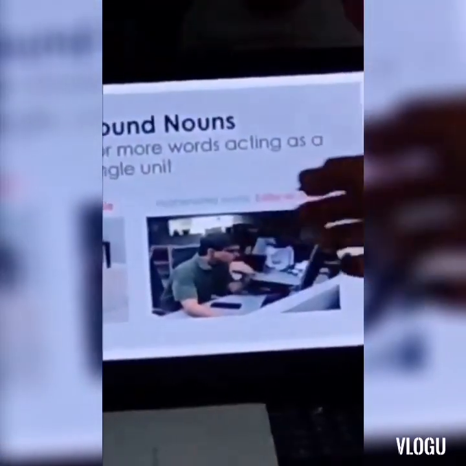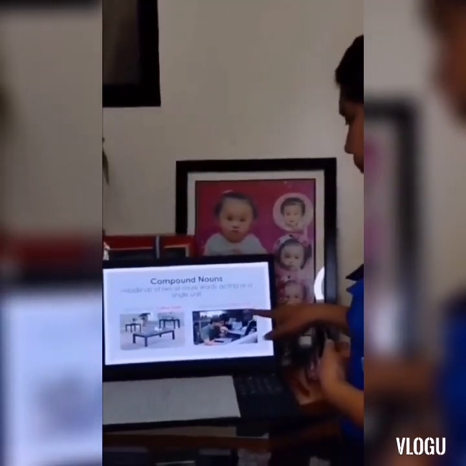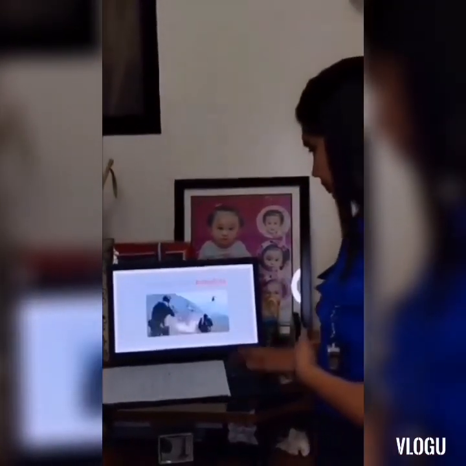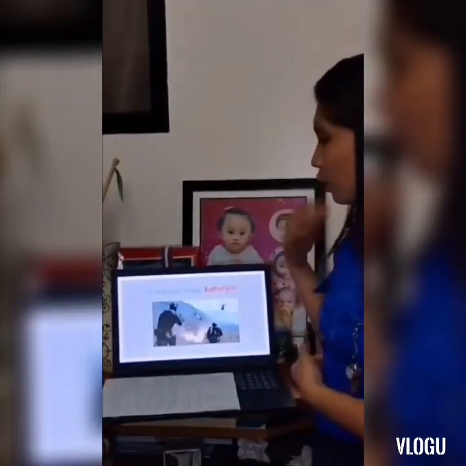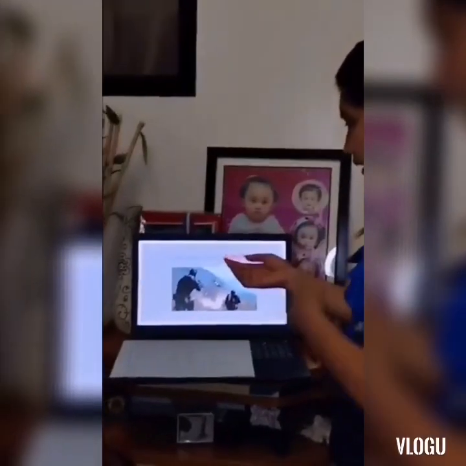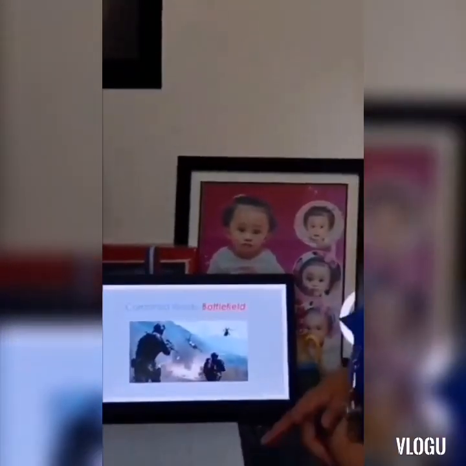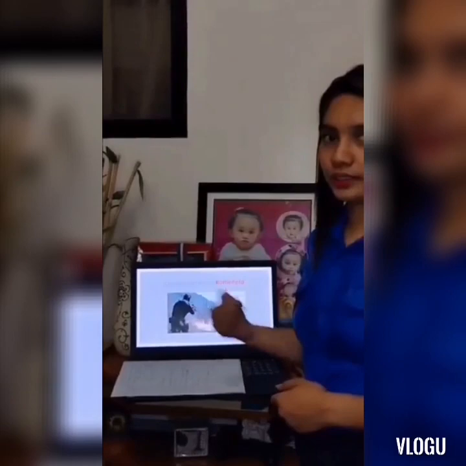This is a hyphenated word: editor-in-chief. Combined words: the words are combined. Example is battlefield. We combine the 2 words. It's called combined words.